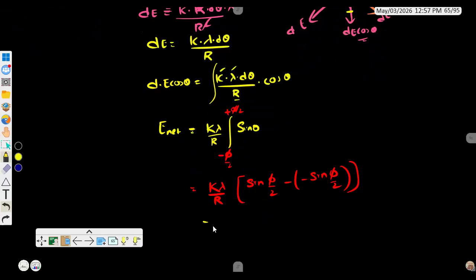So that is 2k lambda by r into sine phi by 2. For any arc, this is the formula that we are going to use: 2k lambda by r into sine phi by 2.